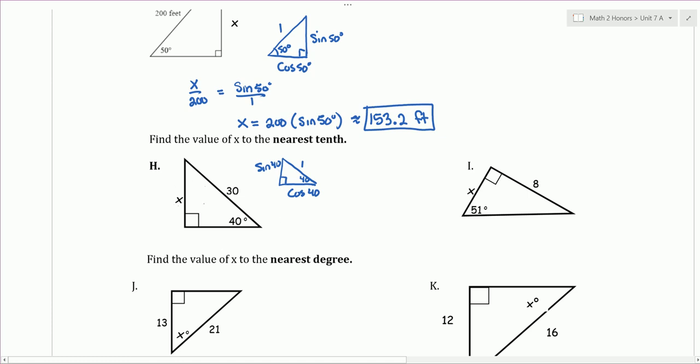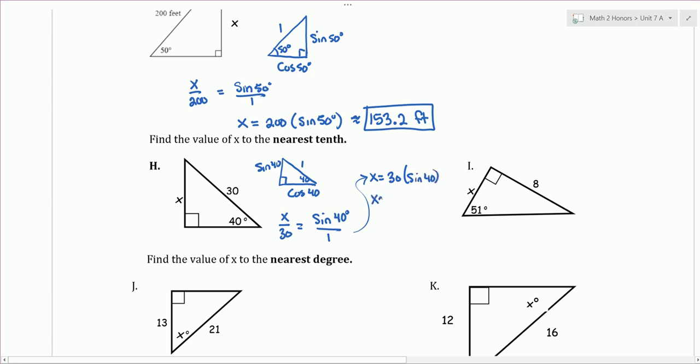So the fraction I'm going to get from the left triangle is x over 30. That will match up with sine 40 over 1. When I cross multiply, I end up with x times 1 is equal to 30 times the sine of 40.